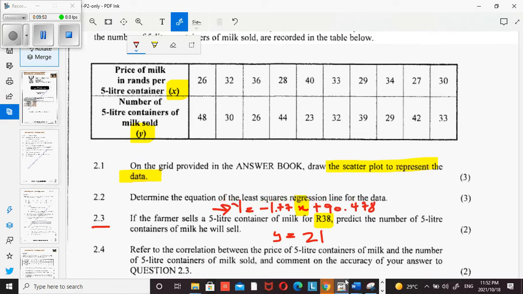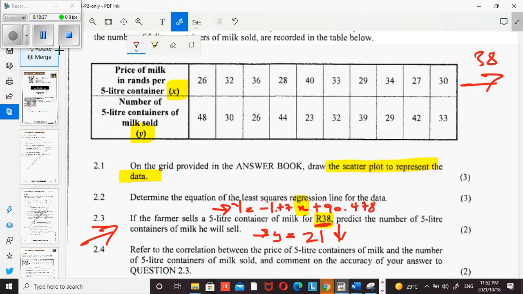It is clear that as the price increases, the number of containers sold decreases. Commenting using this answer here, you can see the price went even further from 30 to 38, and the number of containers sold decreased further to 21. So there's a negative correlation there, it's clear. As the price increases, the number of containers sold decreases.